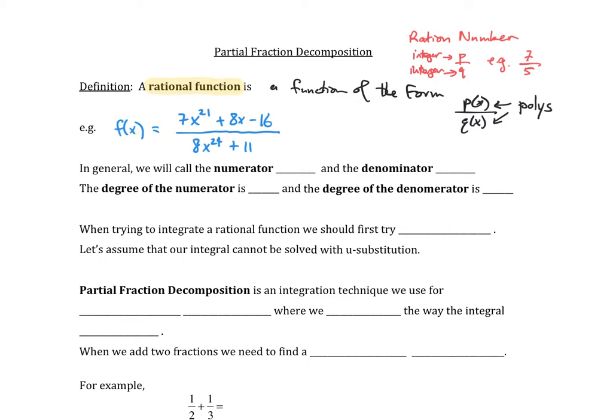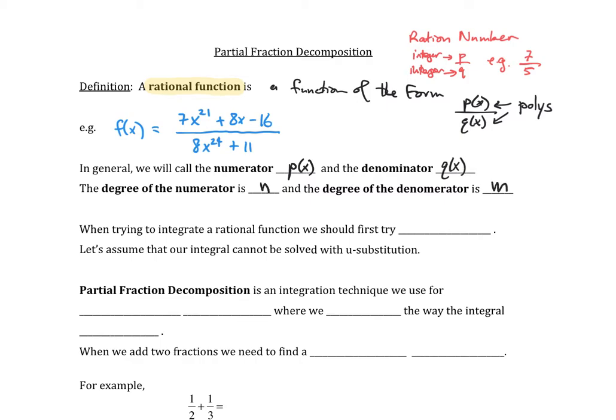Okay. Now, in general, we're going to call the numerator p of x, and we're going to call the denominator q of x. So the degree of the numerator, we're going to give that the letter n, and the degree of the denominator is going to be m.